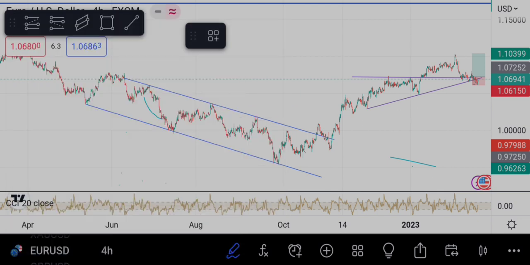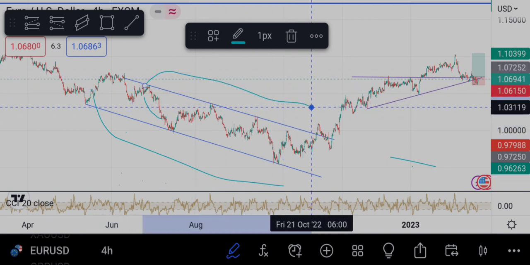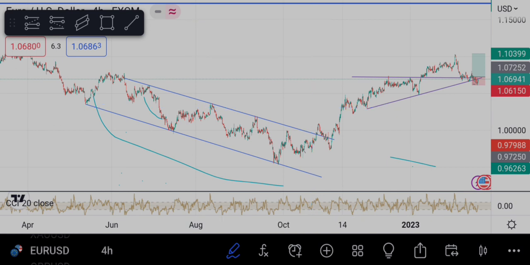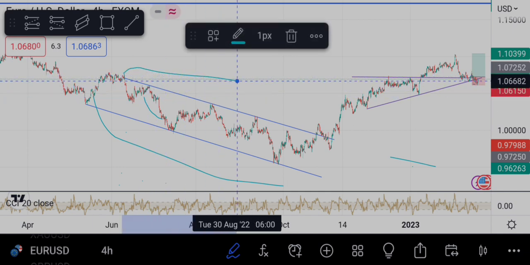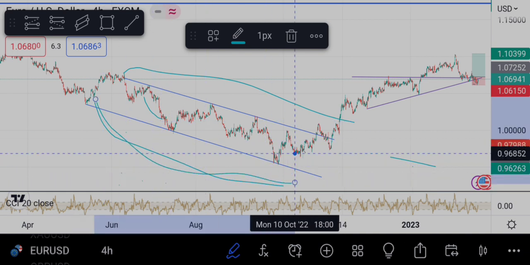so as you can see, this line that I drew, it's a downtrend, and this is also a downtrend, right? As if that's a downtrend, I drew a line from this point to this point. Same thing I did here, this point to this point.